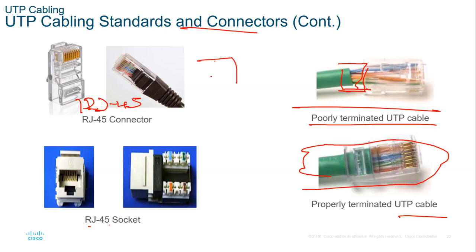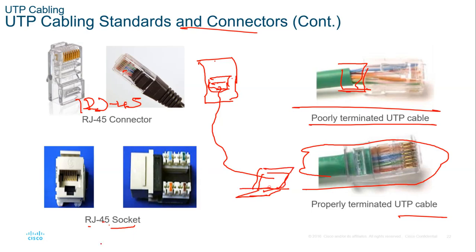I don't know whether you guys have ever interacted with the internet sockets. In an internet socket, this is what is always behind the socket, the RJ45 socket. So it is always there, and that is why you can connect this connector and then extend it, maybe to your PC.